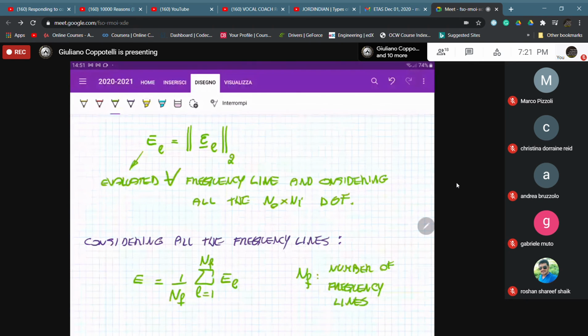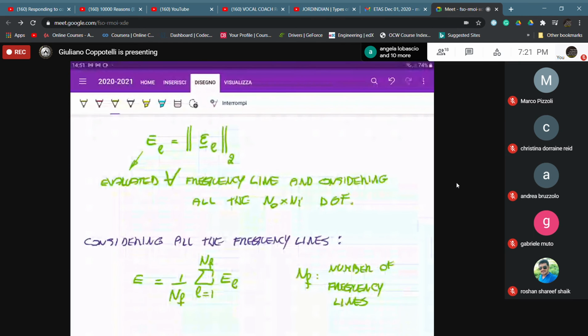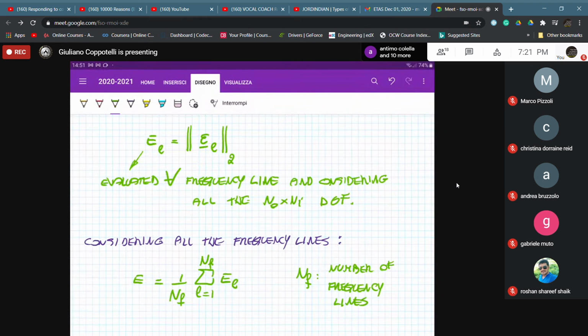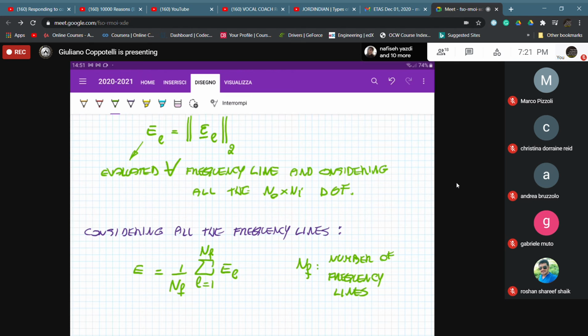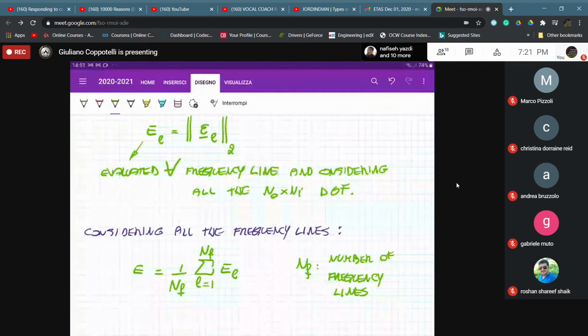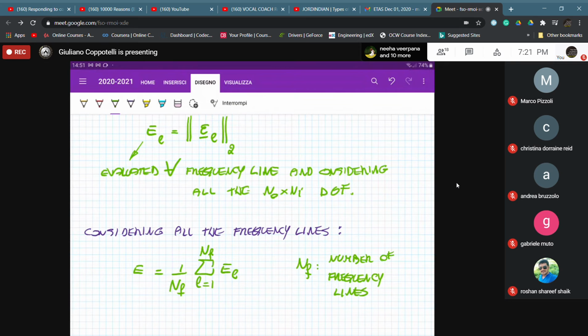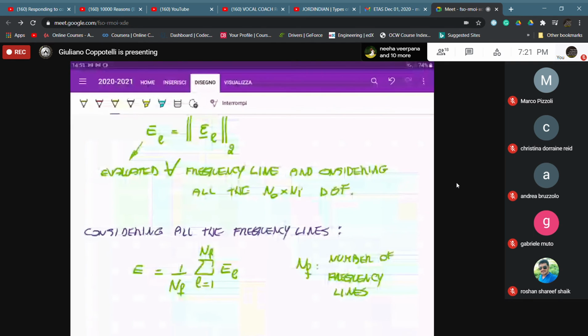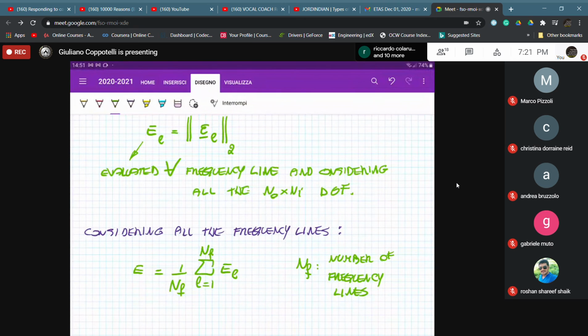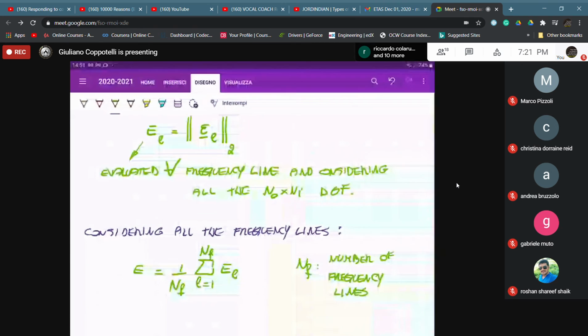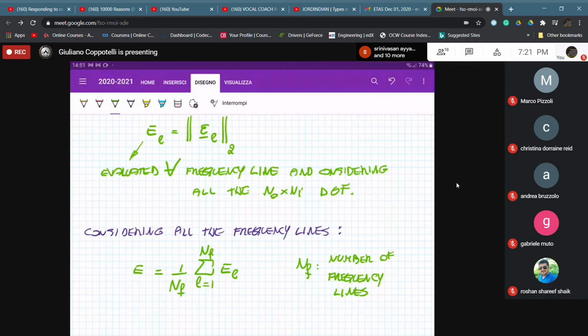Sometimes, by the way, it is also recommended to introduce some weighting scalars in order to give different importance to those frequency lines that are giving the true information with respect to the other frequency lines that are not giving any information at all, or maybe are introducing some noise. This information is readily available when looking at the coherence function, because through it we know the frequencies in which the coherence is low, and therefore the signal-to-noise ratio is very poor.